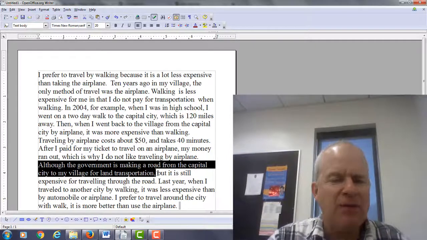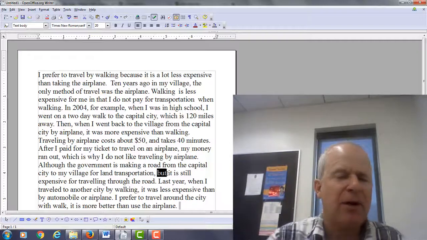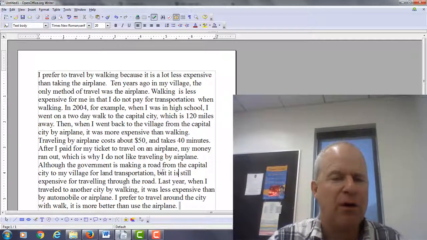So you can't use a conjunction to join a dependent clause to an independent clause.